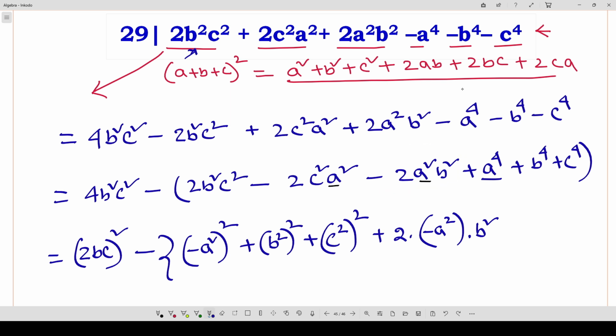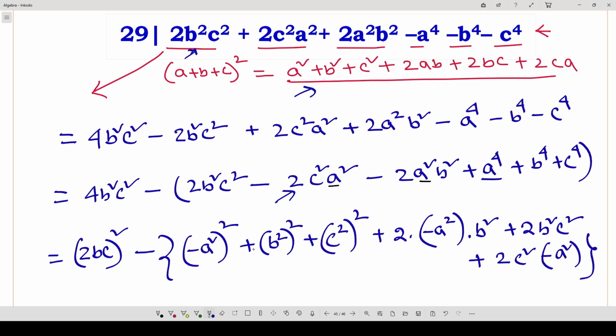Now plus 2bc means 2b²c². It will be unchanged. Then plus 2ca, 2, then c² and then minus a². Now look, here is plus and minus, minus 2c²a². Here is also minus 2c²a².